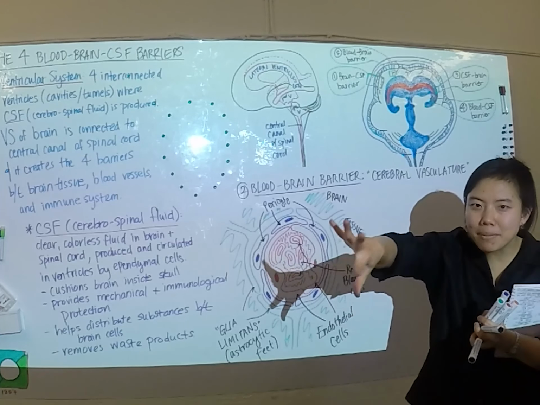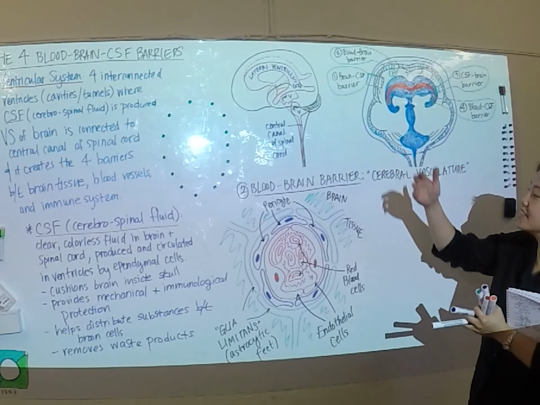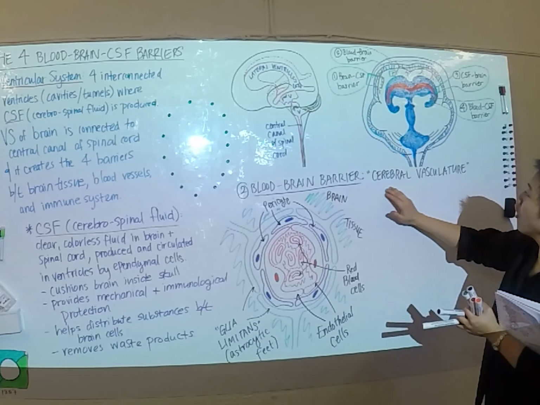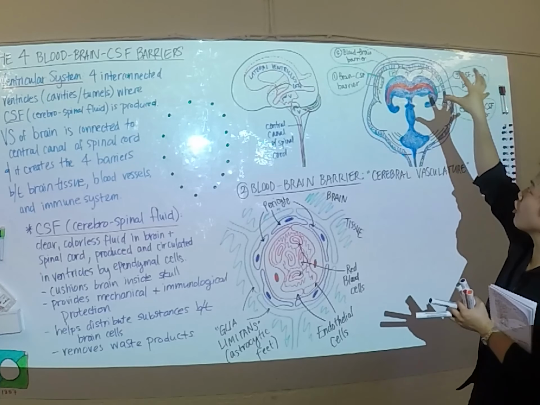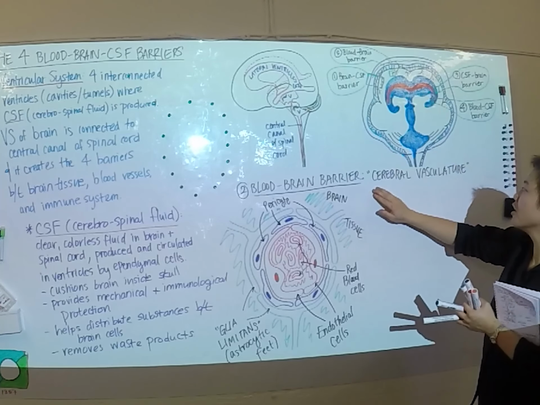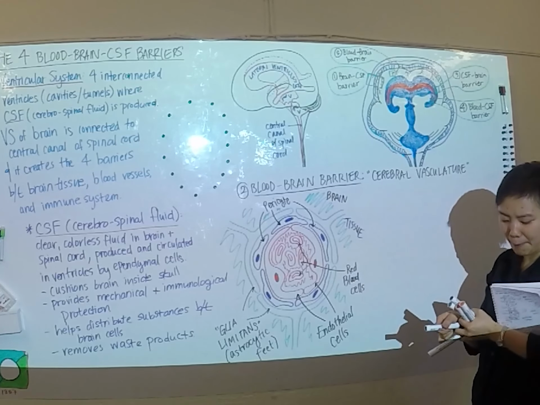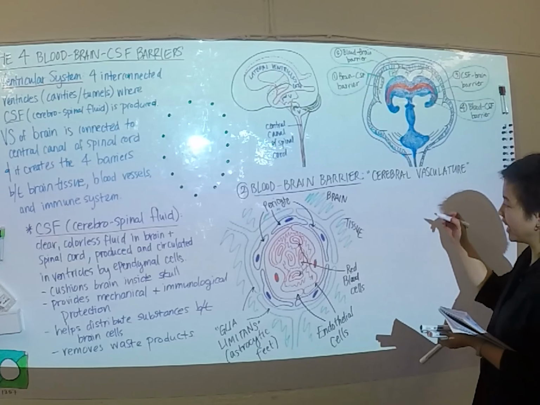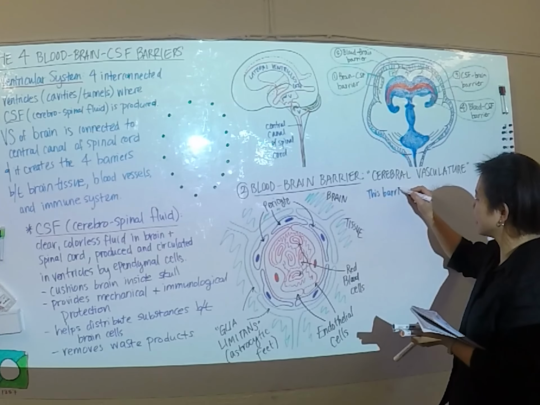Okay, so it's like a web of blood pathways. Okay, so all of the blood pathways that go into the brain tissue, the cerebral vasculature, that is the blood-brain barrier.